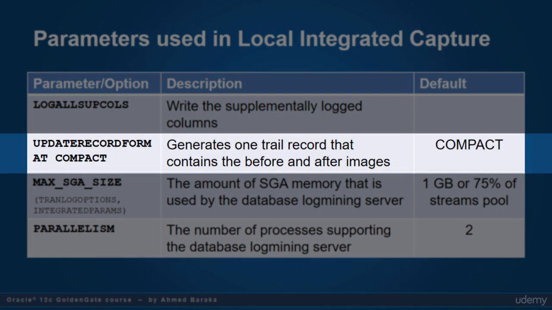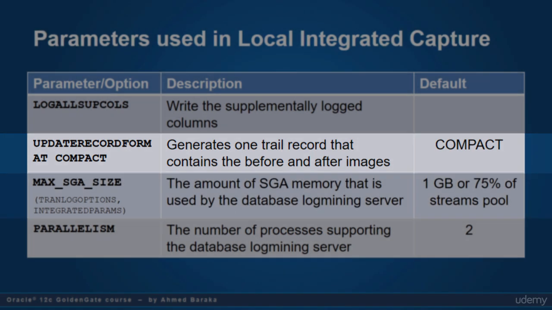The second parameter in the list, which is UPDATERECORDFORMAT COMPACT, instructs the extract to generate the before and after images in one trail record. As you know, those parameters are the default behavior in Oracle GoldenGate 12.2.